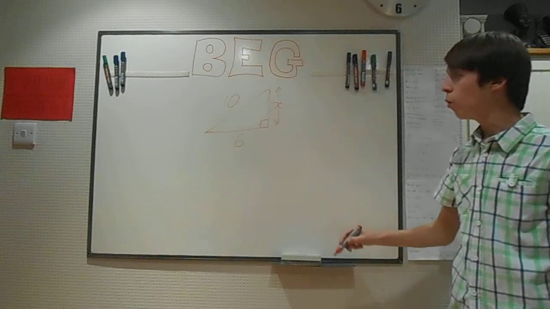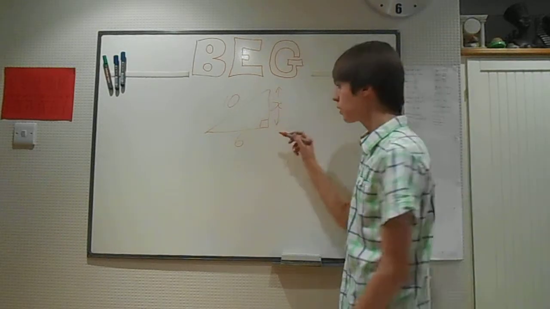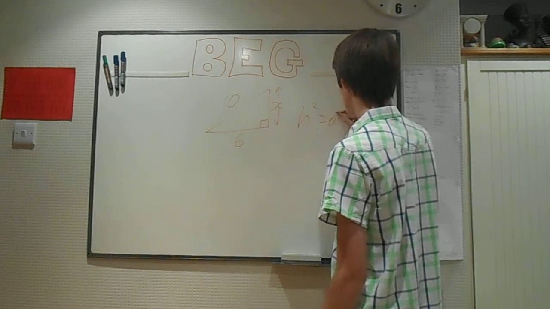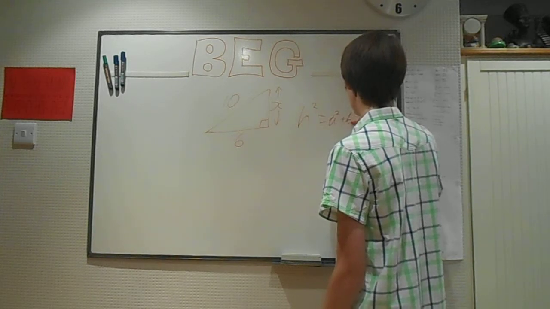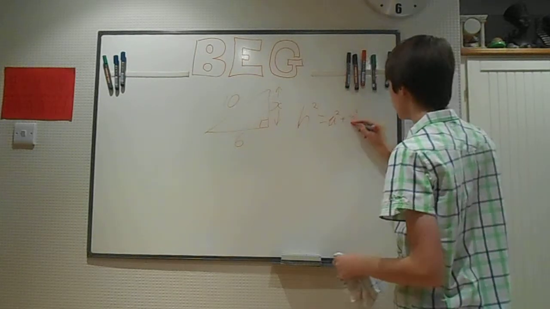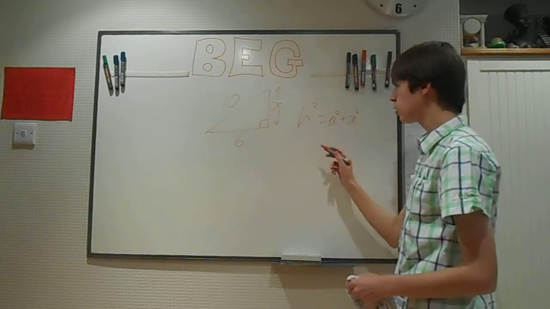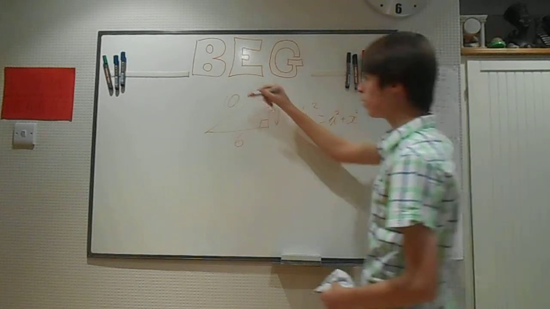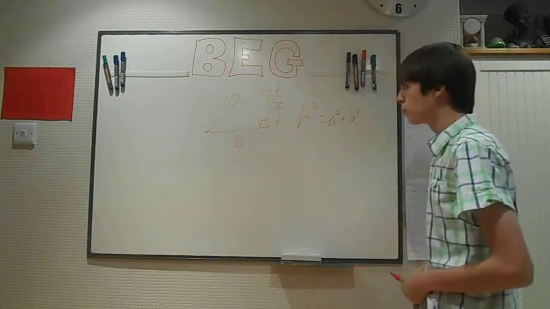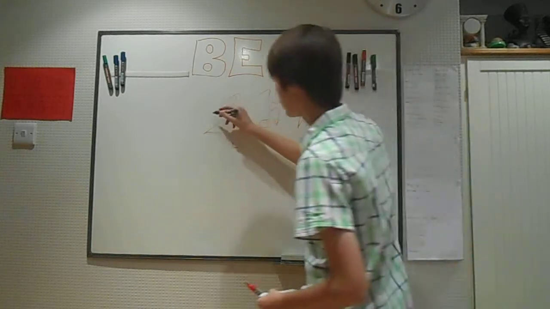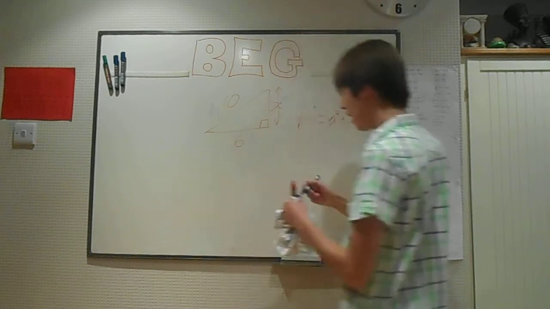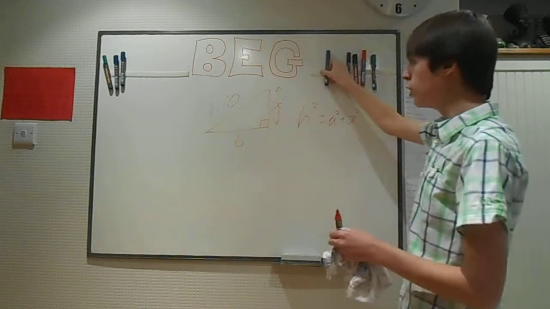We still use the same rule. H squared equals a squared plus b squared. Because we've got x, we simply substitute in x. We still label the sides. If I use a different colour pen, we label this as h, this as b, and this as a. Then we just substitute in the numbers.